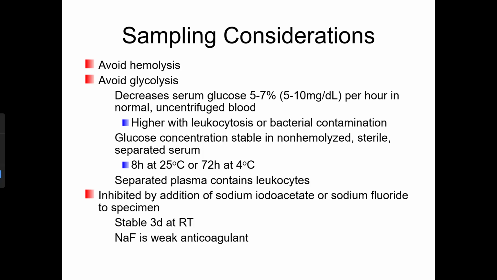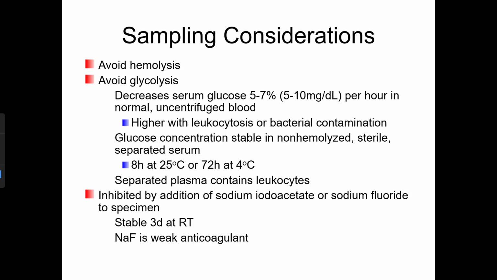Separated plasma contains leukocytes. So it's best to let the blood clot, then centrifuge it, and then separate the serum from the rest of the clotted cells, because then you have pure serum and it's most stable.